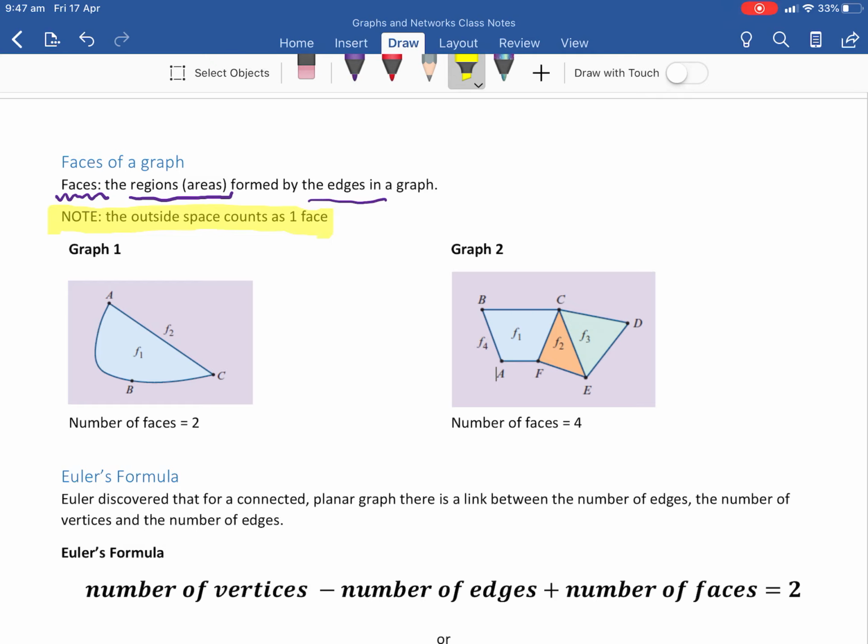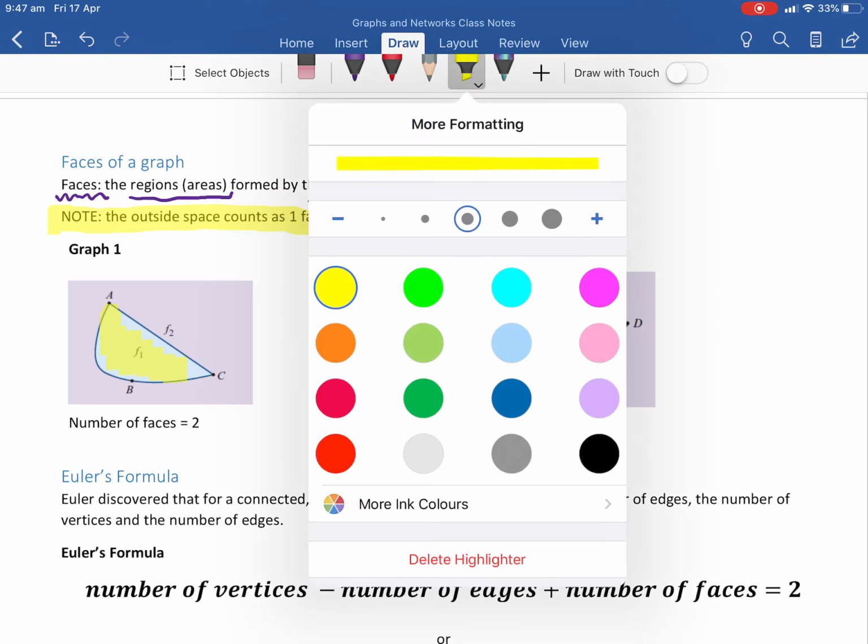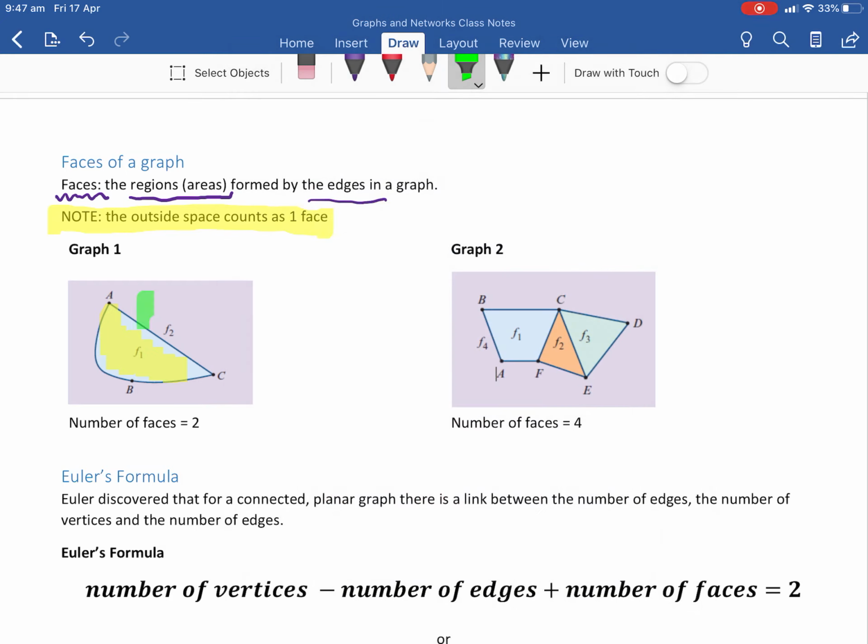So for this first graph, all of the edges form a region, which is this F1. That's one face, and you've also got to count the outside as another face. Out here. So the number of faces is 2.